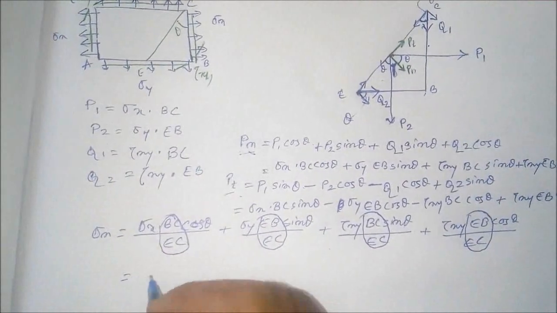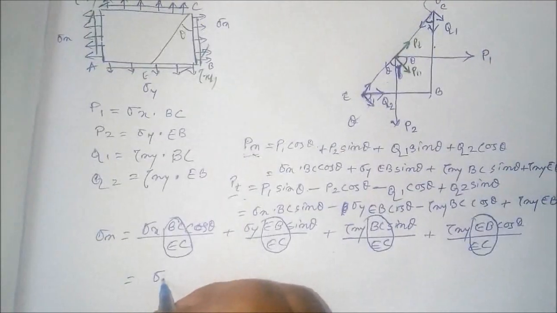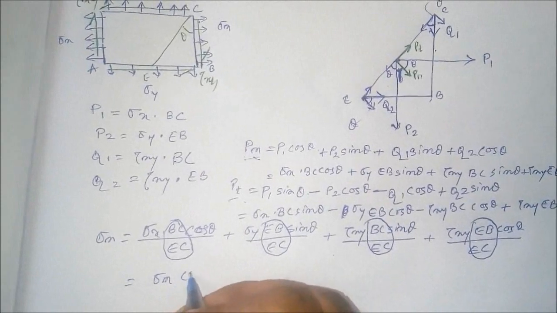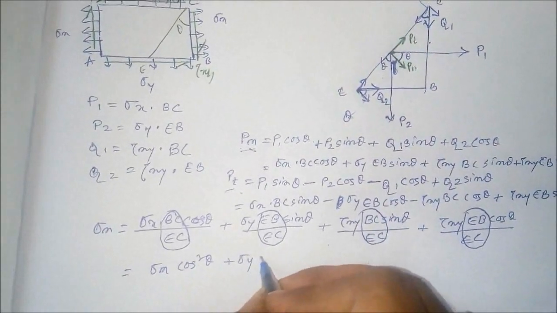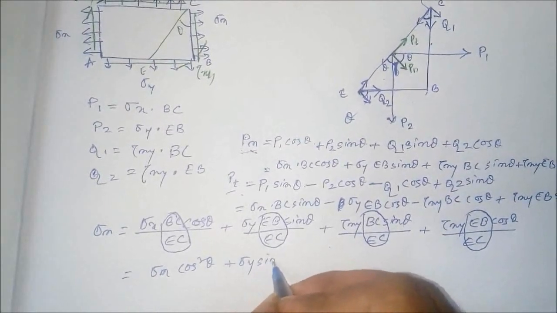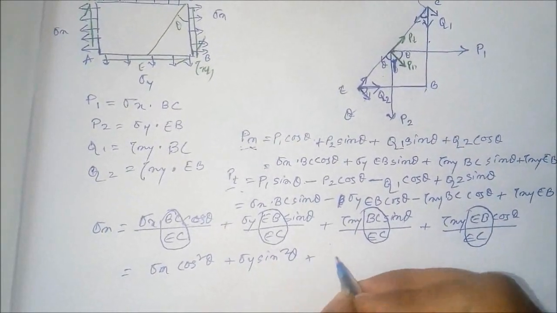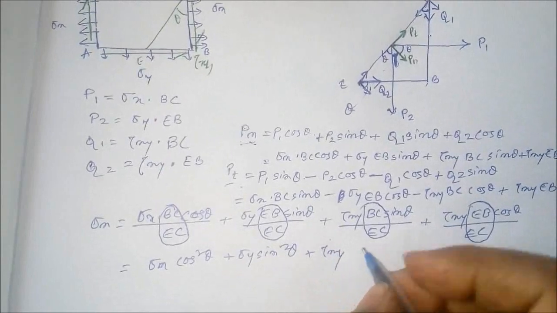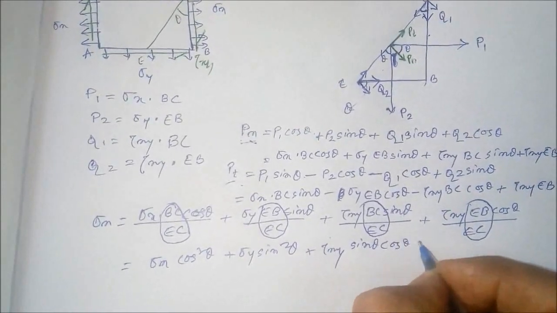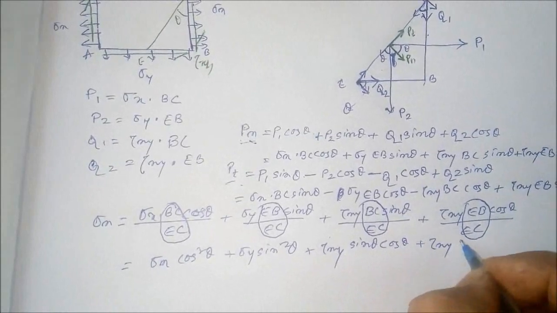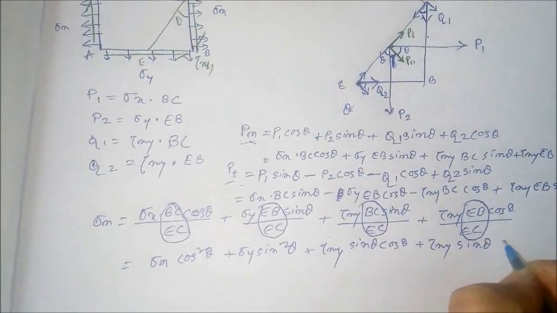So this will be sigma x cos square theta plus sigma y sin square theta plus tau xy sin theta cos theta plus tau xy sin theta cos theta.